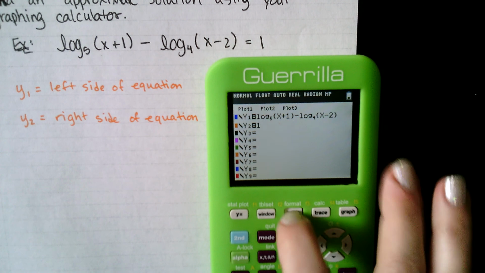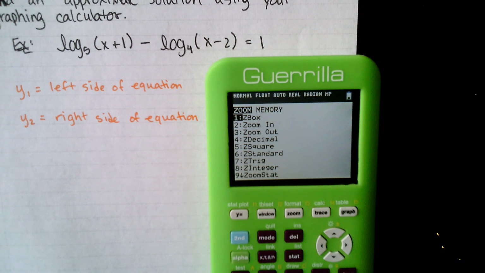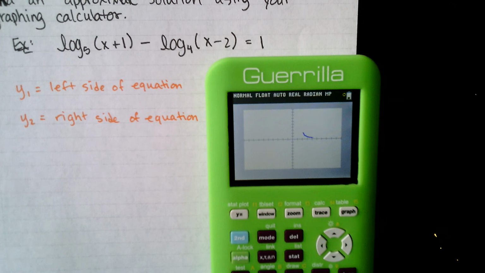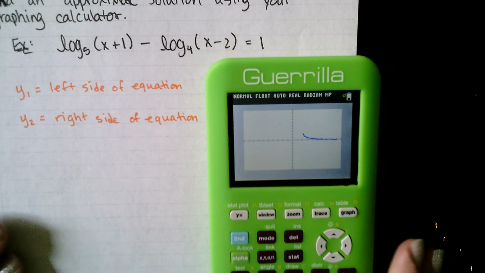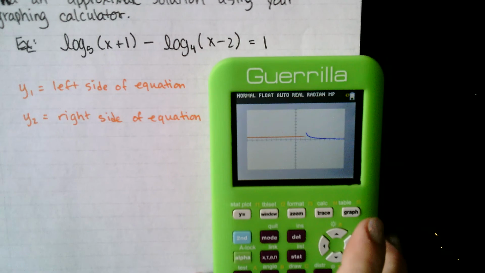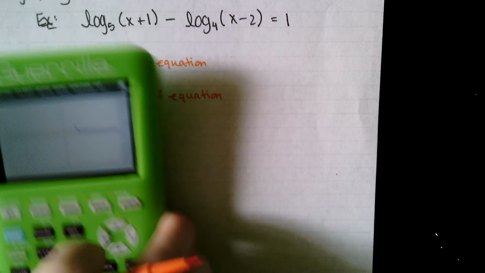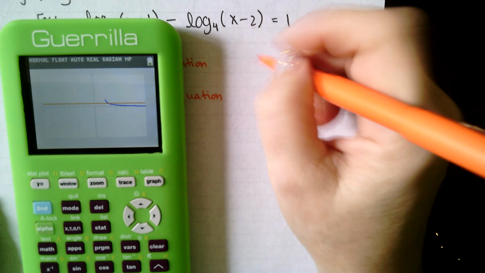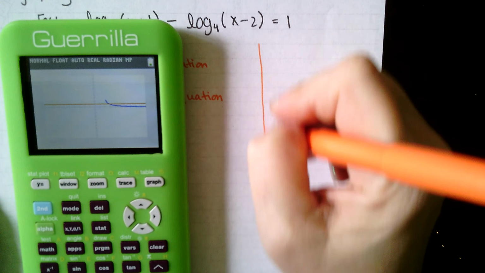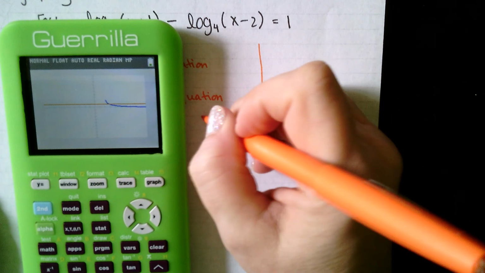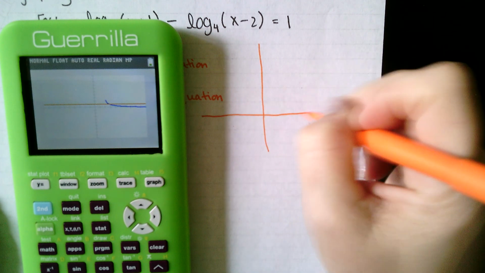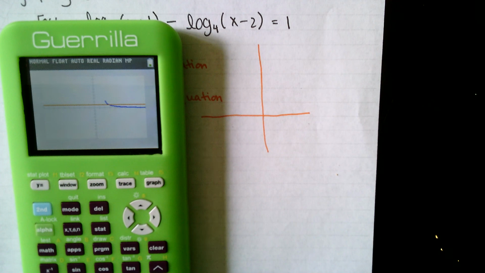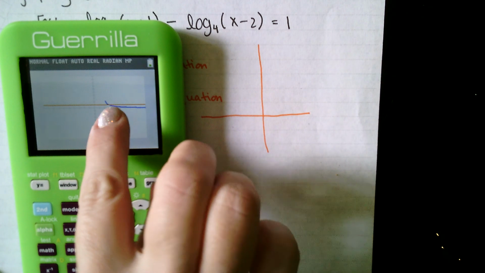So I'm going to do zoom standard. Now, remember that these calculators are not very fond of graphing functions that have vertical tangent lines or get really big really fast in a vertical direction. So it does not like this logarithm graph.